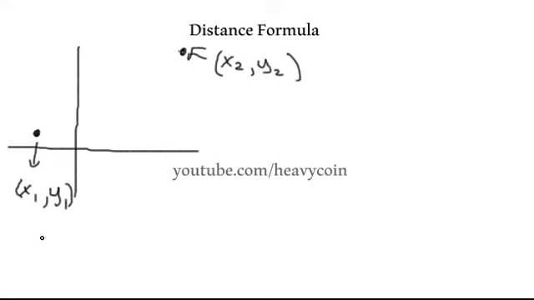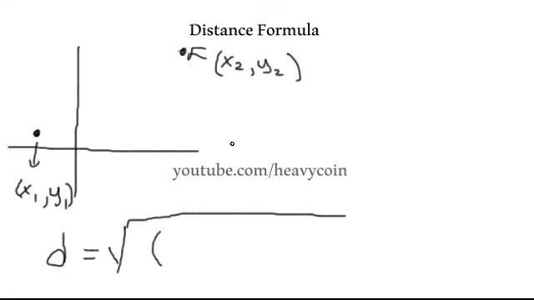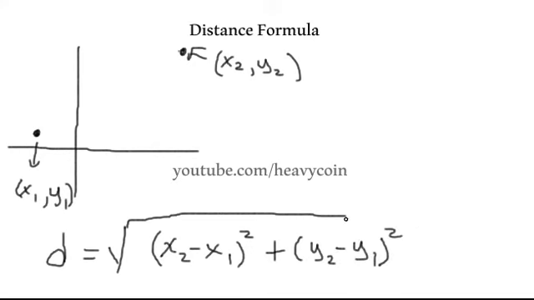And we want to find the distance. So let's just do this generally. The distance is equal to the square root of, this is our delta x, our change in x, which is x2 minus x1, and we square it, plus y2 minus y1 squared. Now if I were to give you this in the very beginning, you might not know how I even came up with this, right? So that's the reason.